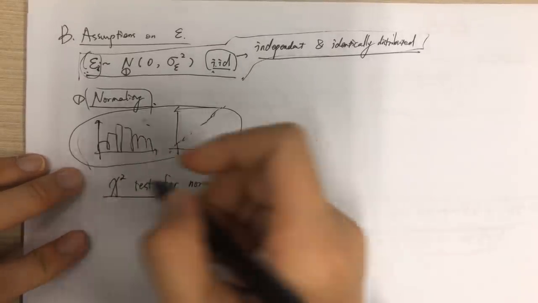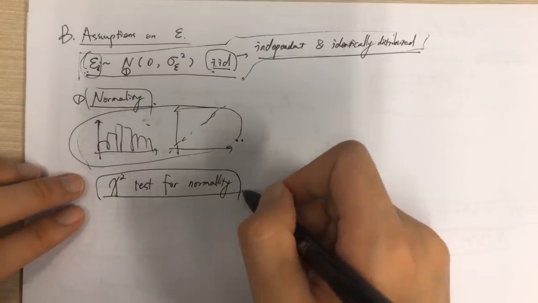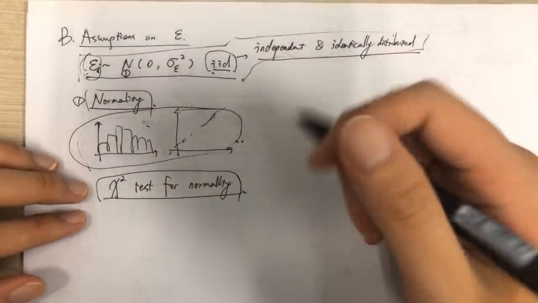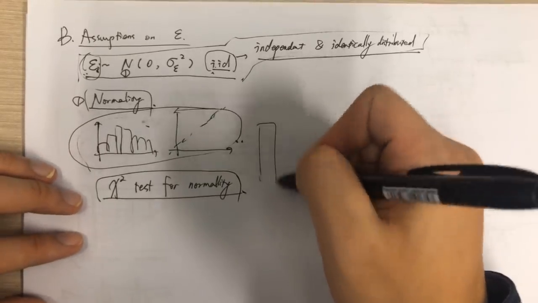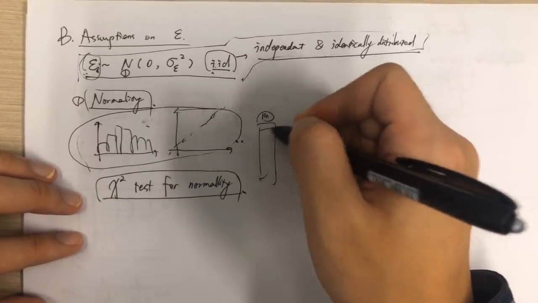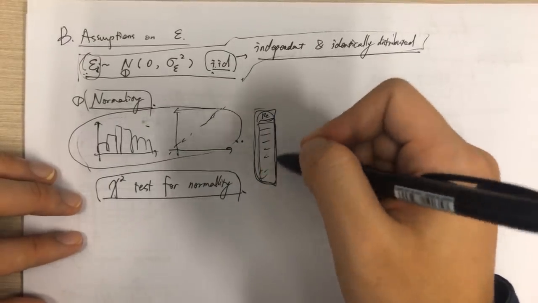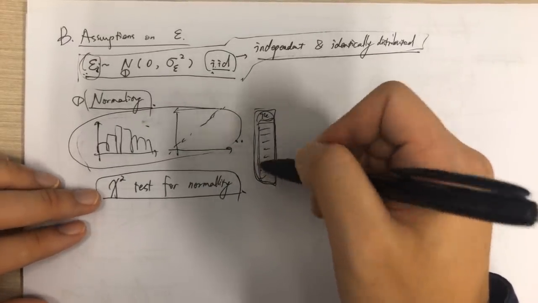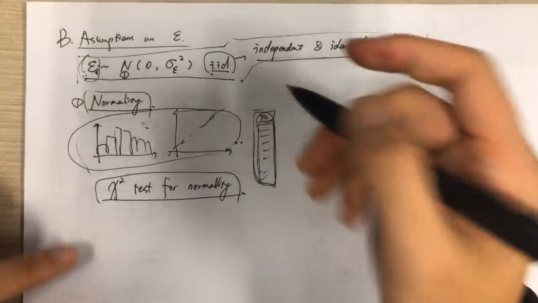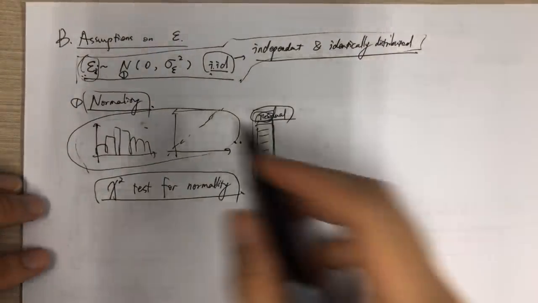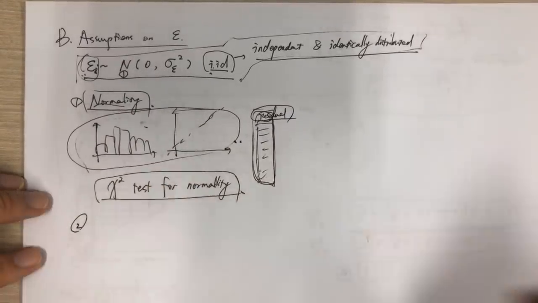So if you get an assignment and you want to test the normality of the error term, you need to find out the residuals list, right? You have a list of residuals and you perform a chi-square test for normality on these residuals. Okay, so normality.